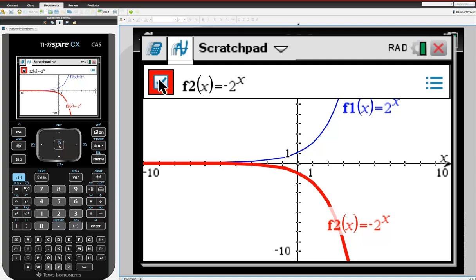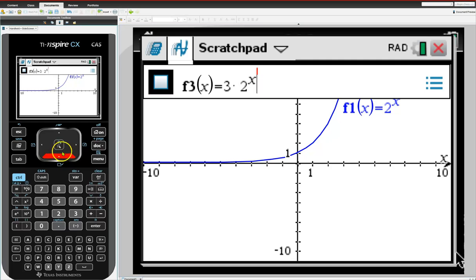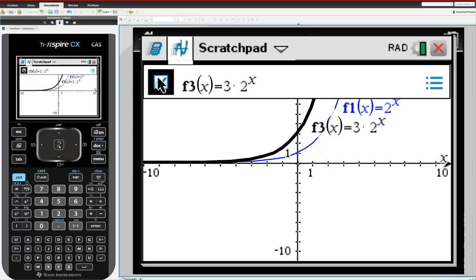We get a reflection on the x-axis. Now in front here I'm multiplying by 3, which is a number bigger than 1. So I get a vertical stretch. Imagine this graph is a string and it pulls it up. So it stretched it.